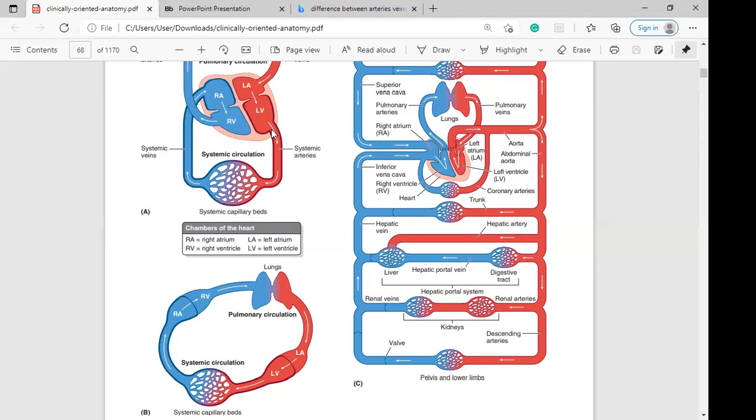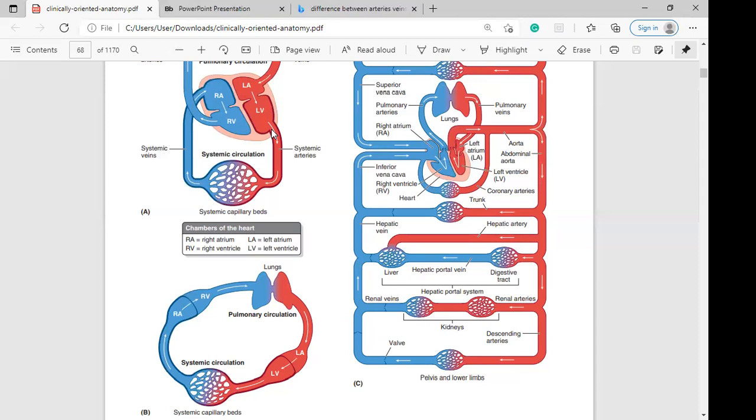Veins carry blood to the heart. Arteries carry blood at high pressure, and veins carry blood at low pressure. Arteries have thick walls. Veins don't have very thick walls.